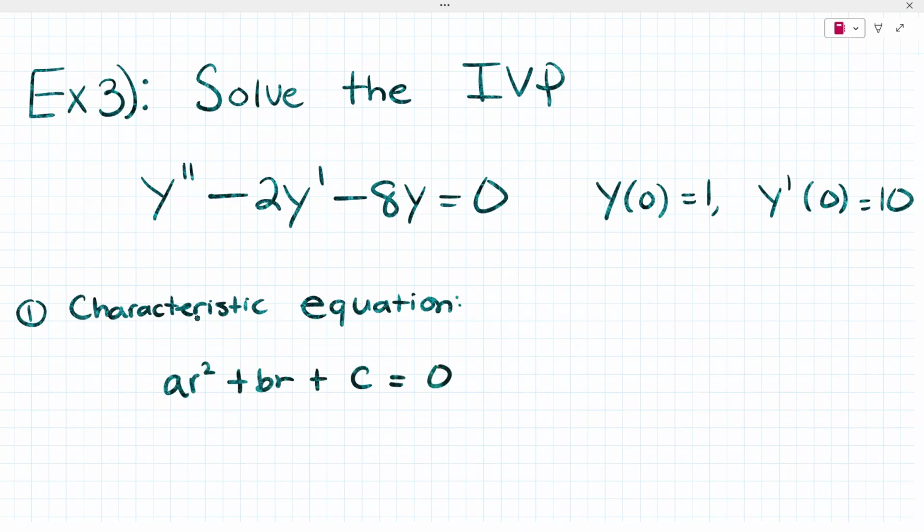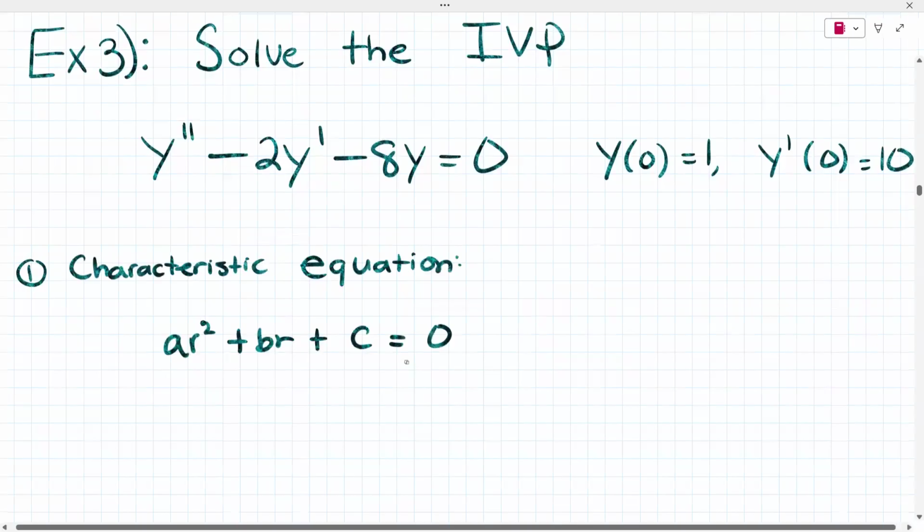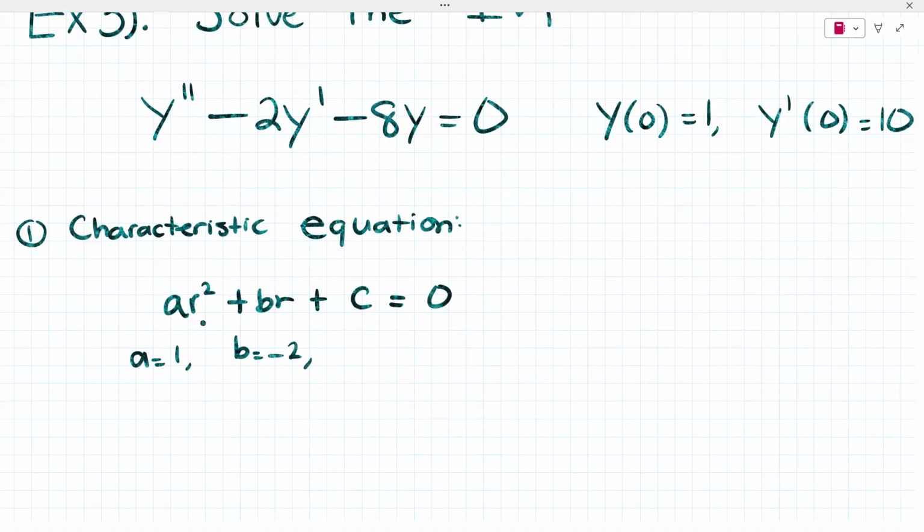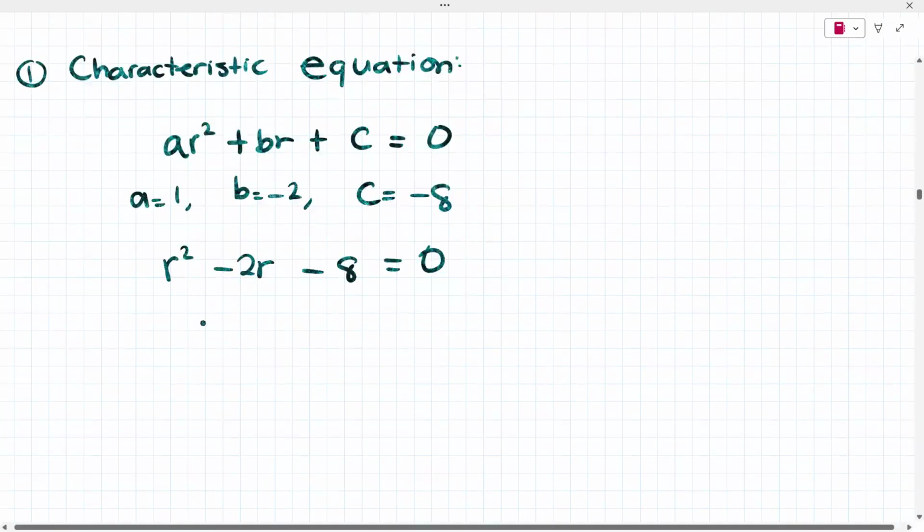And my A has a coefficient 1, my B is -2, my C is -8. So we're going to put it in r squared minus 2r minus 8 equals 0. Okay, step 2, solve.